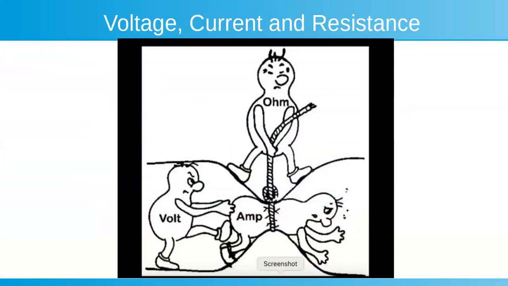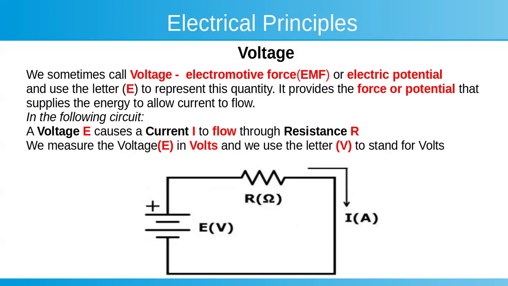This was sent to me by a student in the previous class as an example of how these things relate: voltage, current and resistance, where the voltage is trying to force amps through some conductor and the ohm is resisting it. So voltage, we mentioned, is electromotive force or electric potential.